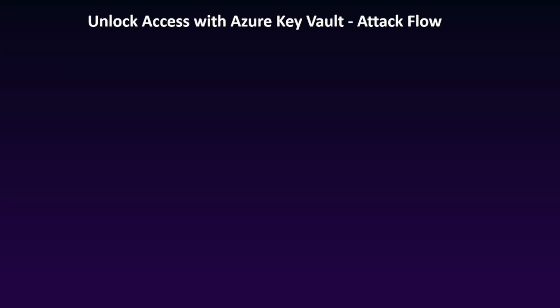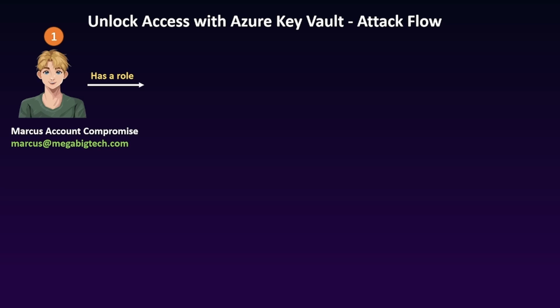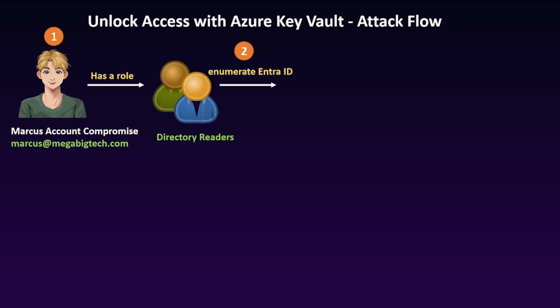Cool. Now let's see how we gain access to the Key Vault and obtain our flag. First, we got the Marcus credential, like we have compromised the Marcus account, and he has this role, that is directory reader role, which allows us to enumerate Entra ID.